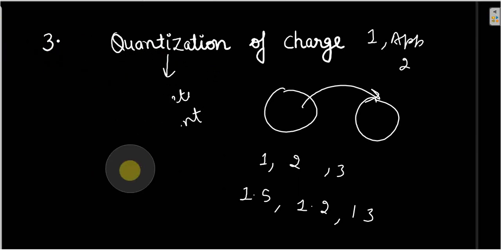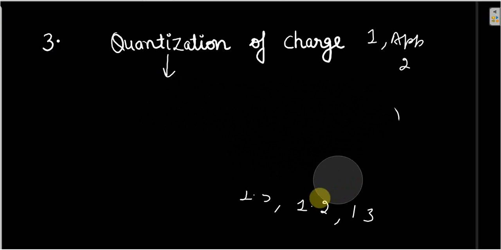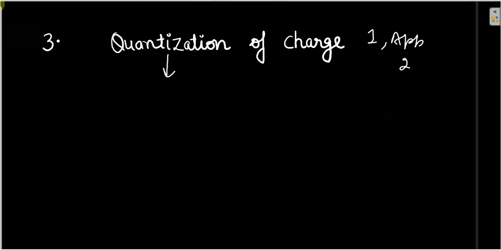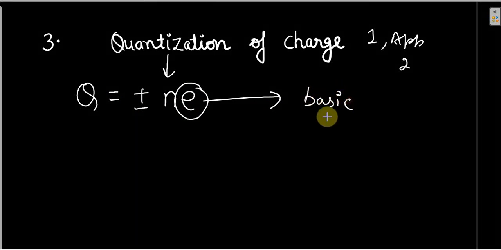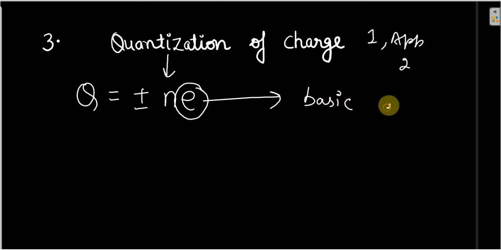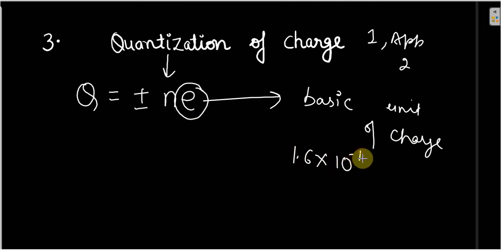can write this discrete property in this form, that is q is equal to plus minus ne. What is e? e is the basic unit of charge, that is the charge on the electron, 1.6 into 10 raised to power minus 19 coulomb.